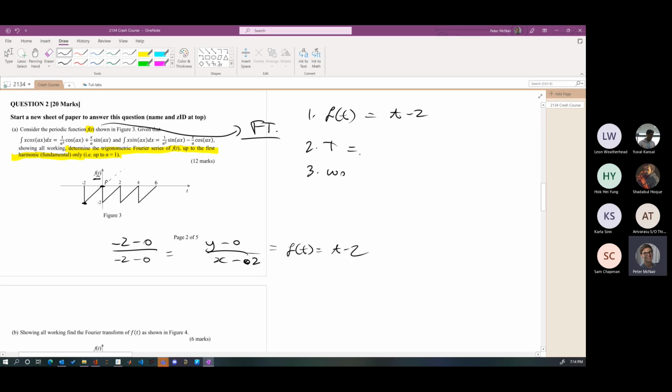How about the period? Essentially, it repeats every t equals 2. So our period is 2. Omega naught is 2 pi on T, which is pi. We sort of cancel our 2's.